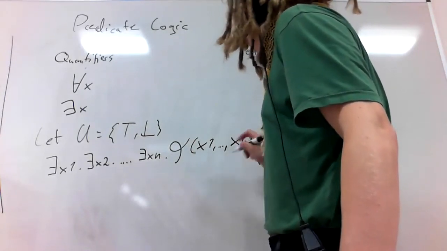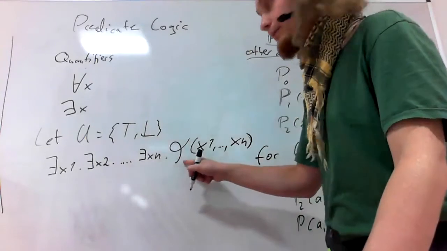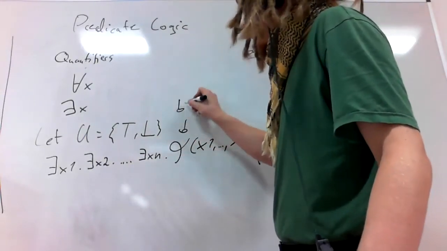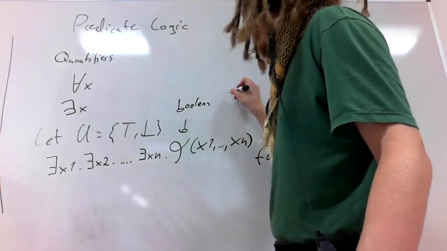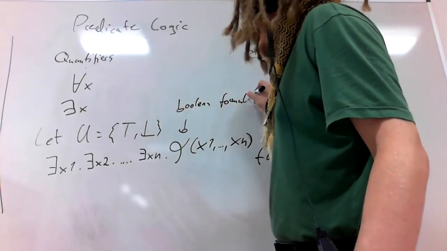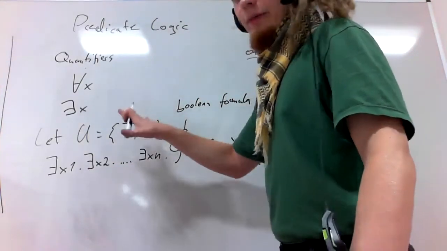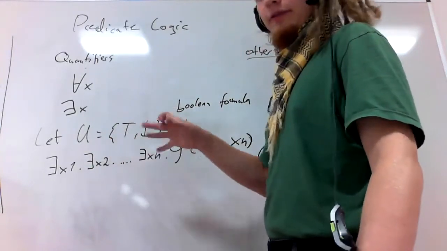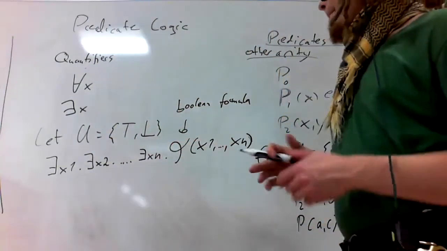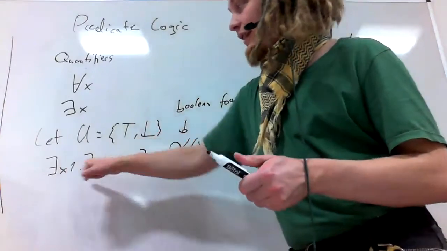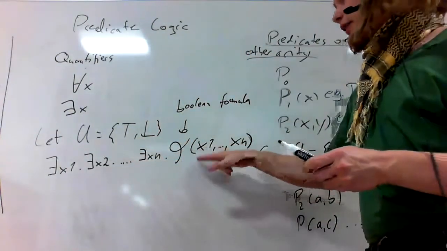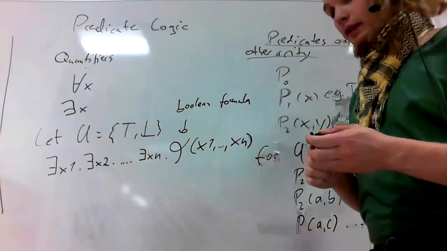So if phi is a Boolean formula, and we only had these true or false elements, then we could ask, is there an assignment to the variables such that our formula evaluates to true?